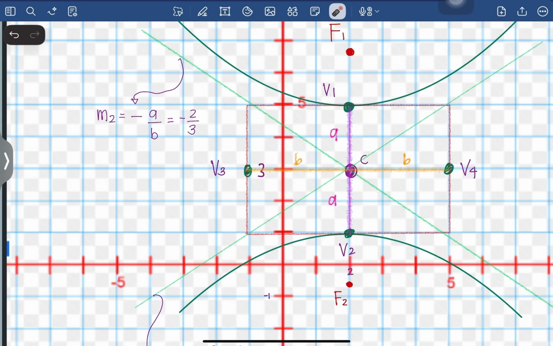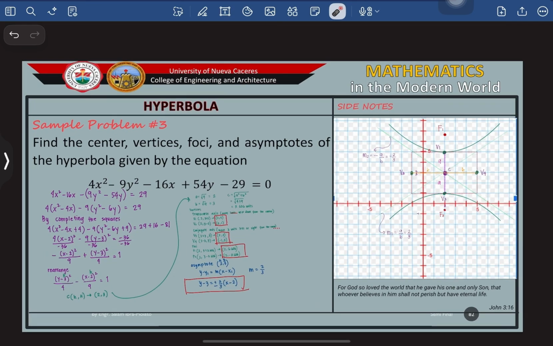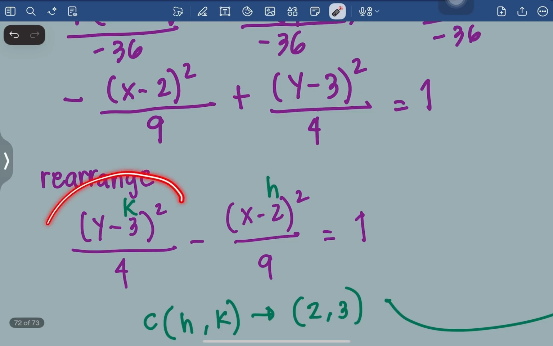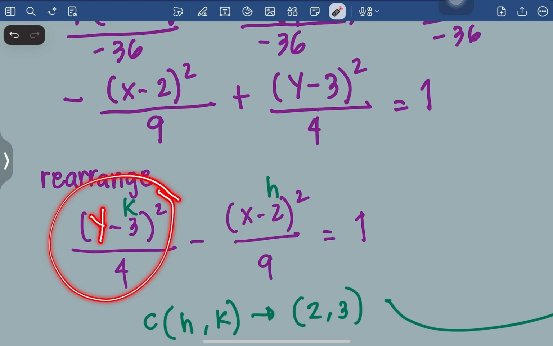So again po, yung rule dito, hindi naman ibig sabihin na yung A is the longer length. Kasi magbe-base tayo kung nasaan yung positive term. Since yung positive term nito is y, so ito yung magiging a squared.